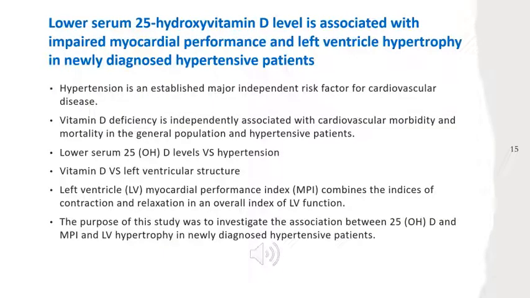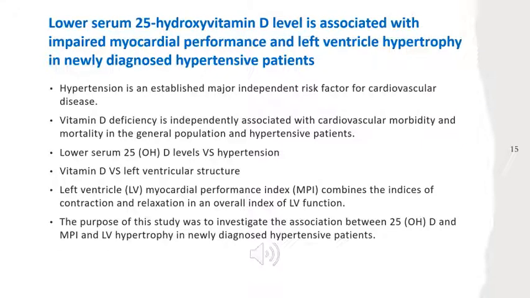Hypertension is an established major independent risk factor for cardiovascular disease. Furthermore, vitamin D deficiency is independently associated with cardiovascular morbidity and mortality in the general population and hypertensive patients.